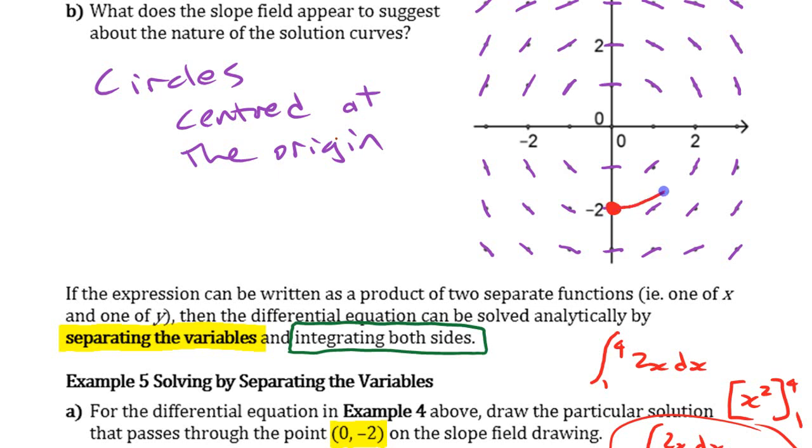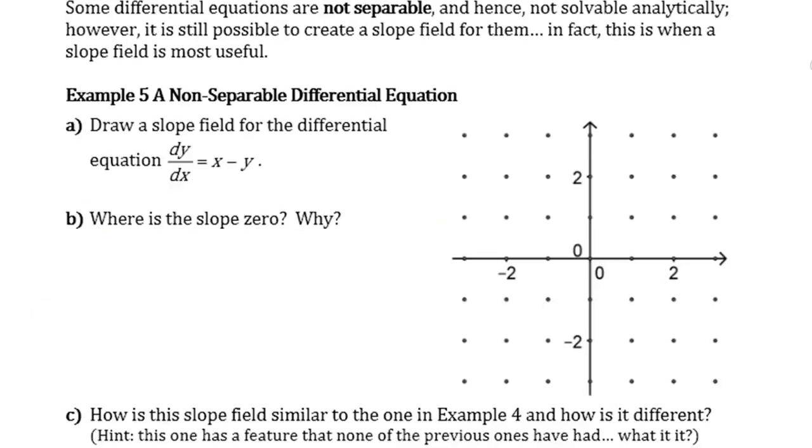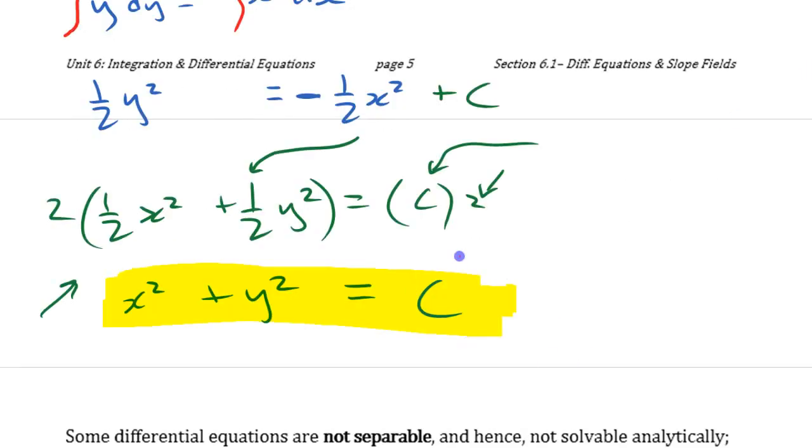It's going to be, I can't draw it very well, but it's going to be a circle that has a radius of 2, right? That might look almost like a circle, all right? That's the particular solution that passes through 0, negative 2. If we solve that, then what should we find is the value of that constant?